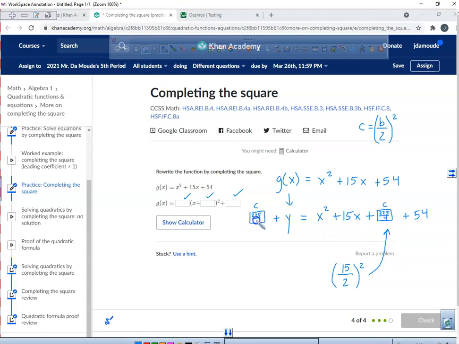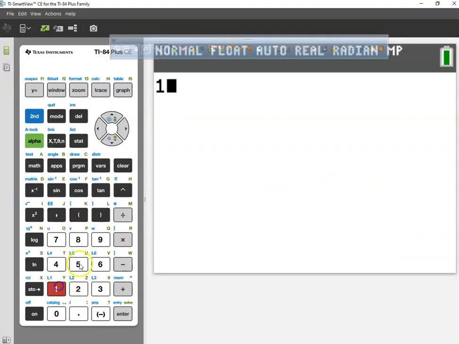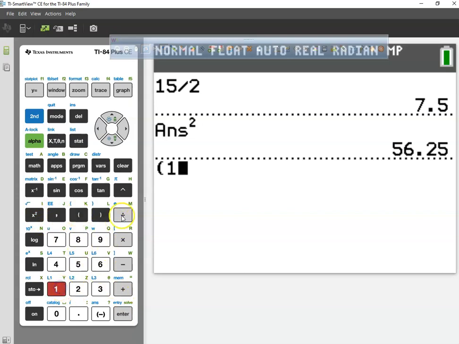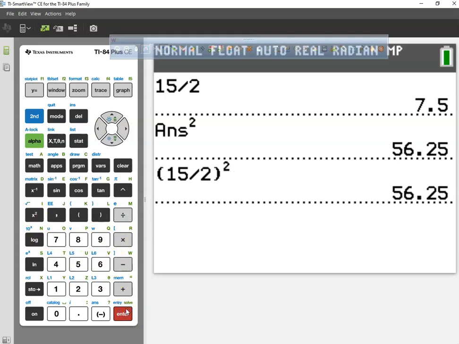225 over 4. Now, some of you like calculators, so you probably would do this. You probably go, all right, 15 divided by 2. You'd press enter, and then you would square it. Take that answer, and you're going to square it. Some of you might like to do it this way. Parentheses, 15 divided by 2, and then you square it, okay?